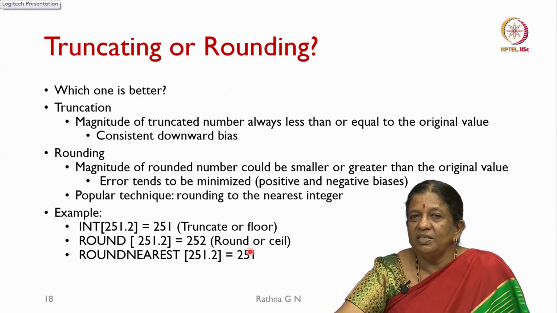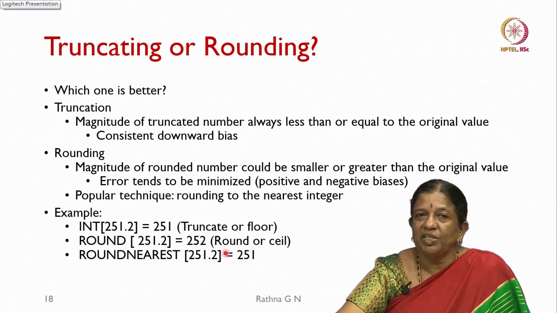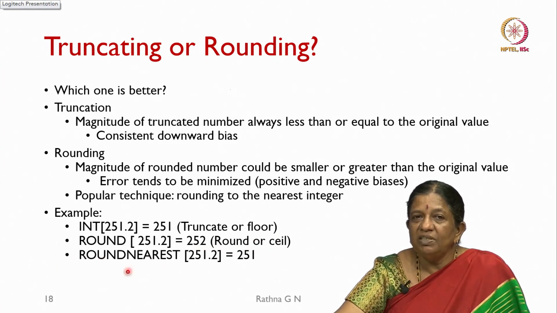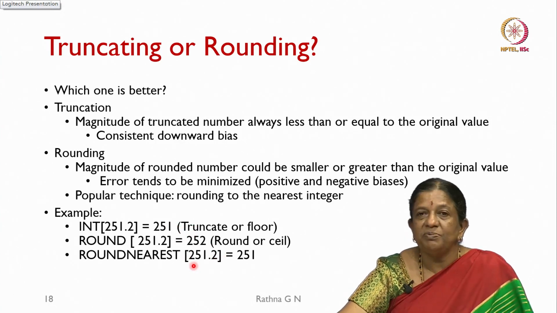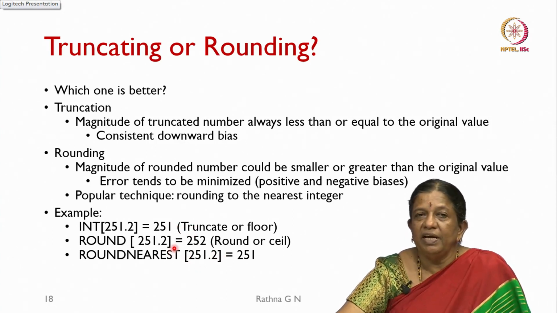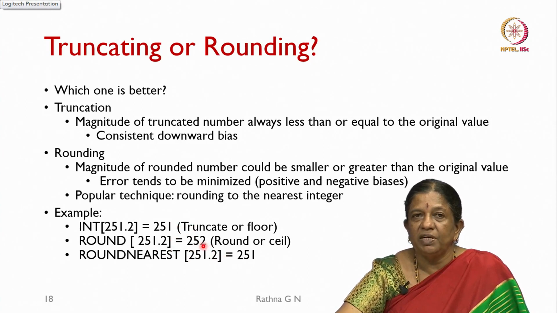We call this the ceil value, which you consider in normal number representation. Or I can have a round-to-nearest function defined for 251.2, which is going to be 251. So you will see that truncation and rounding to nearest almost match, whereas the ceiling has increased the value of the number.